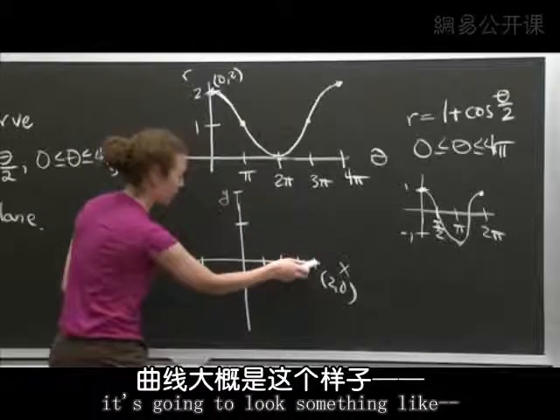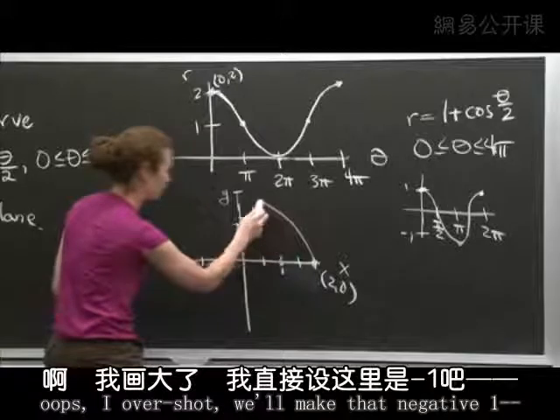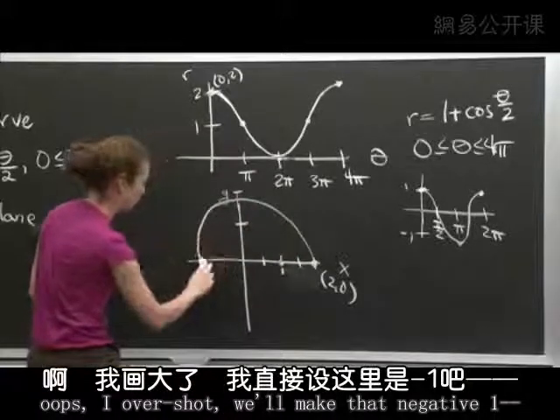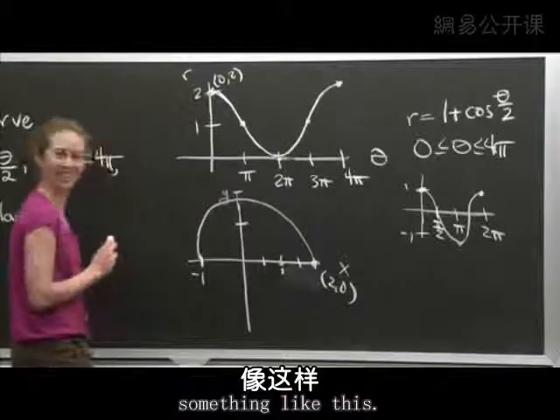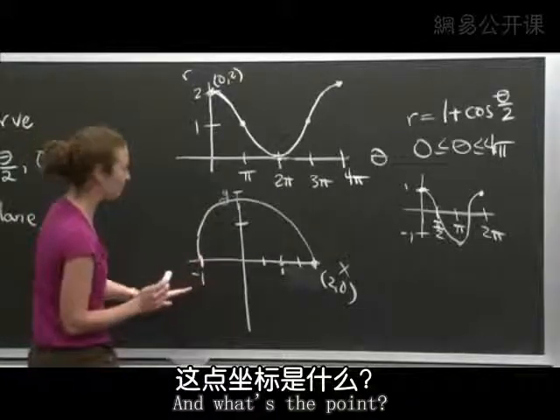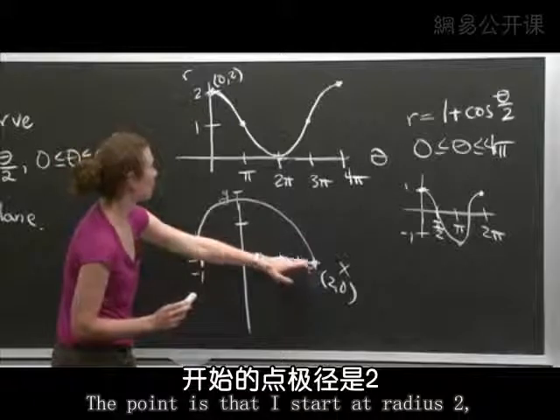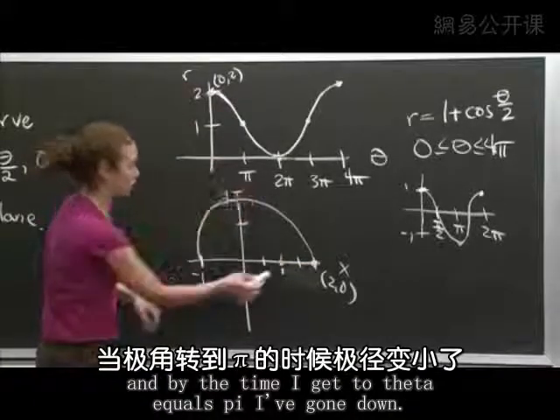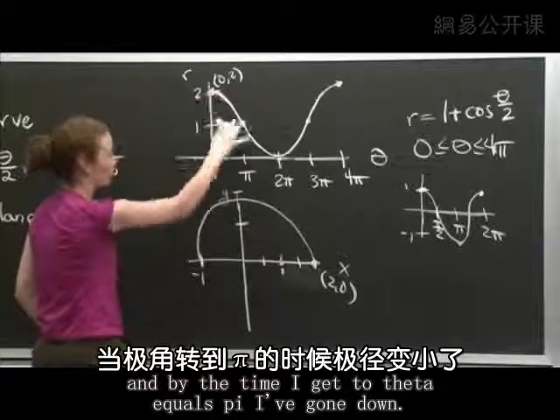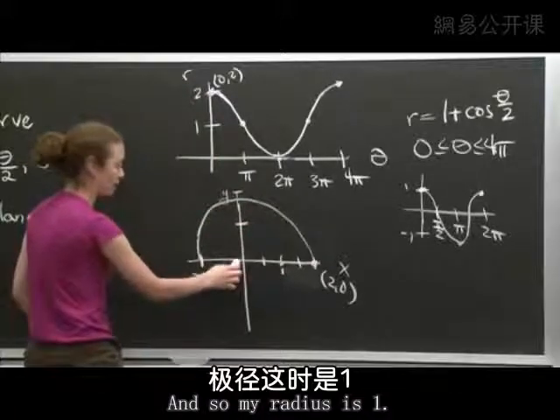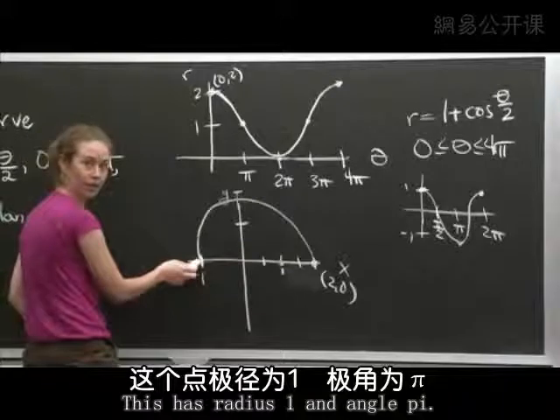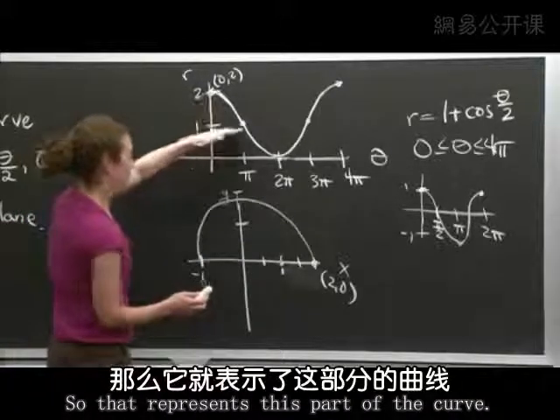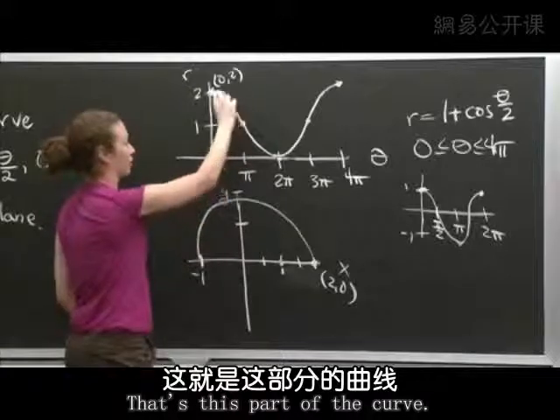It's going to look something like, oops, I overshot. We'll make that negative 1. Something like this. Okay, and what's the point? The point is that I start at radius 2, and by the time I get to theta equals pi, I've gone down until my radius is 1. This has radius 1 and angle pi. So that represents this part of the curve.